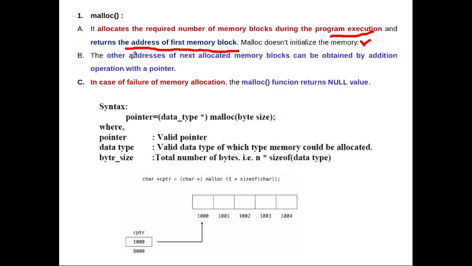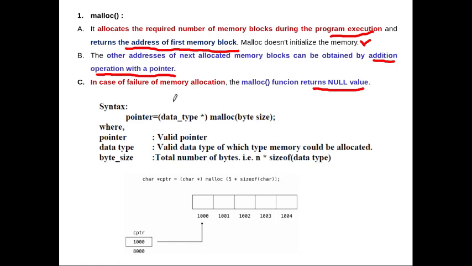Suppose we want to locate the next memory location, this can be achieved by using addition operation with the pointers, right? In case of failure of allocation, if the function fails to allocate memory, it will return a value NULL, okay?